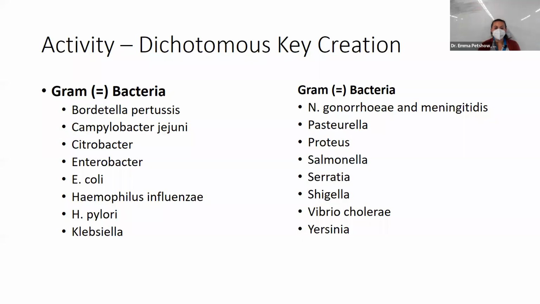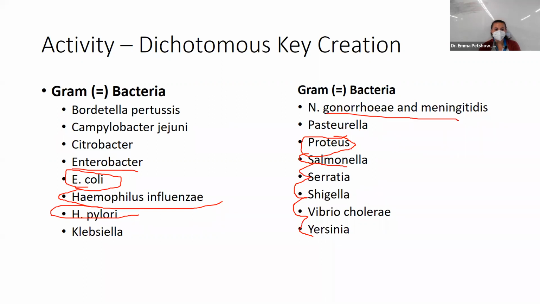Your gram-negatives, there's a lot more to contend with. You have Enterobacter, E. coli, H. flu, H. pylori, lots of gut stuff. Proteus, we remember Proteus, Salmonella, Serratia, Shigella, Vibrio, Yersinia, gonorrhea, meningitis. None of the bacteria are great, but none of these are good.